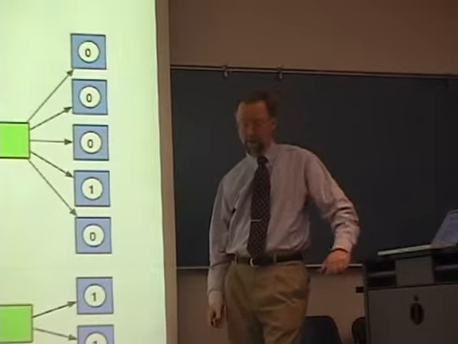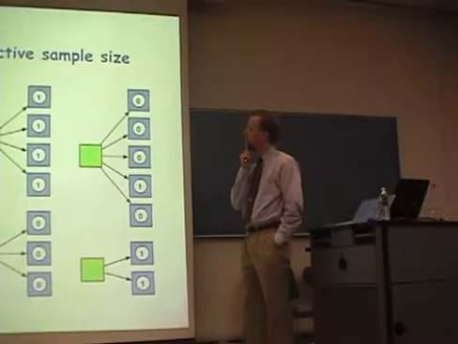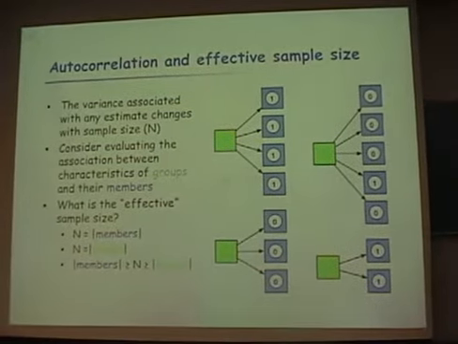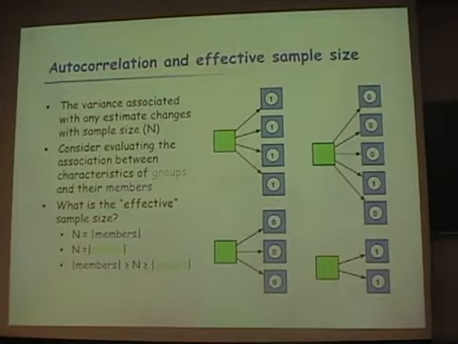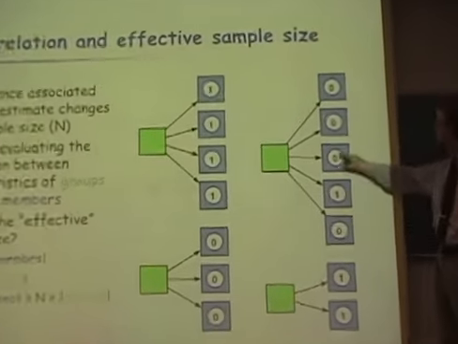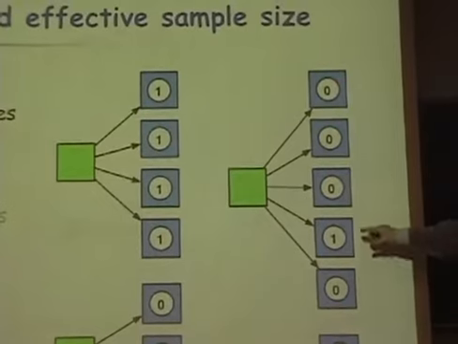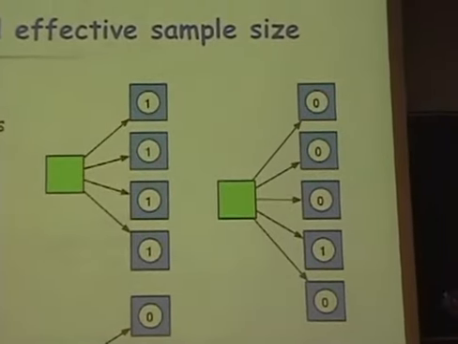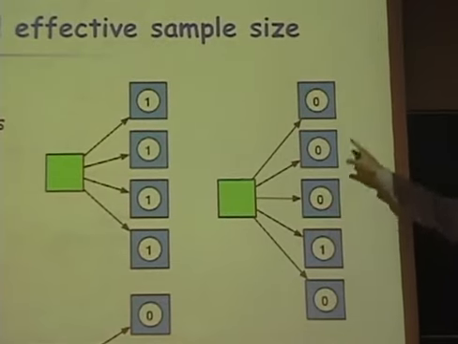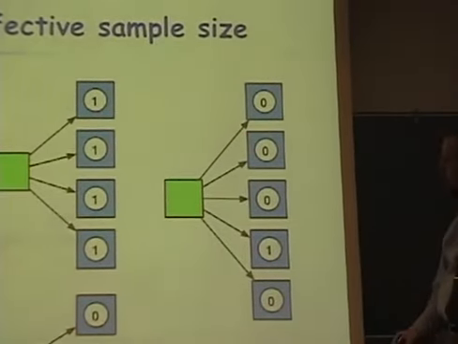Now, why is that difficult? Let me give you some examples. One of the easier to understand influences is autocorrelation. So let's say we have these green things that are groups, you could think of them as branches, and these blue things which are members of the group, you could say they're brokers. And we have some attribute represented by a circle on the brokers.